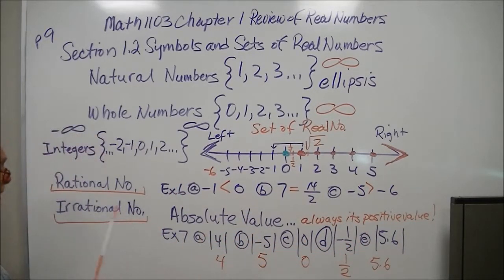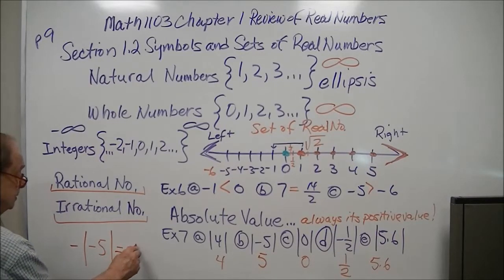Now, every once in a while, they'll give you a little challenge. They'll put a negative out in front of the absolute value. And then this comes out of the absolute sign as a +5, but then we apply the negative. So this would be a -5.